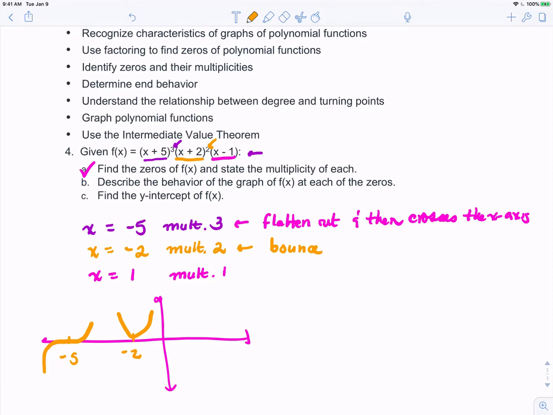And then finally, a multiplicity of 1 at 1 simply means it's going to cross the axis. And again, we don't know what direction it's crossing in, whether it's rising or falling. We were just asked what it's going to do at that particular point, and we know it's going to cross over.